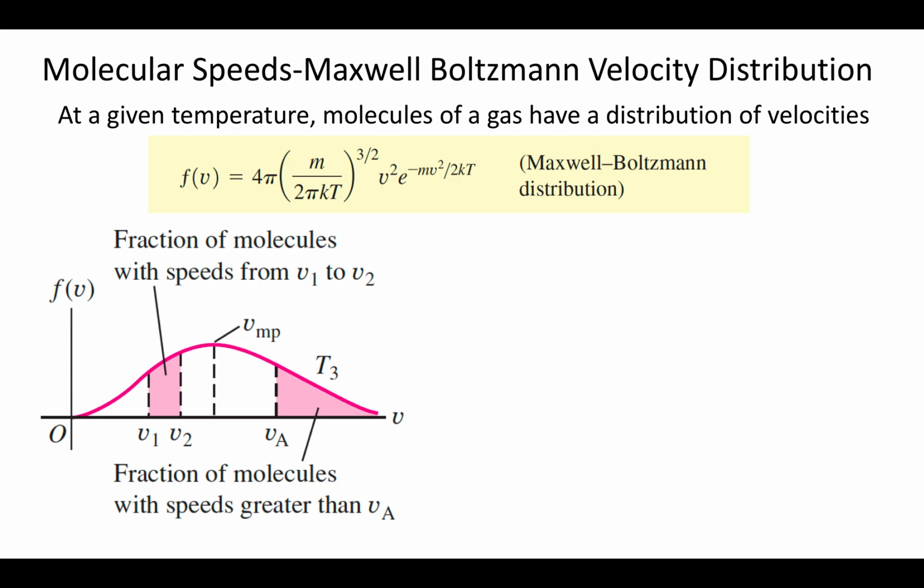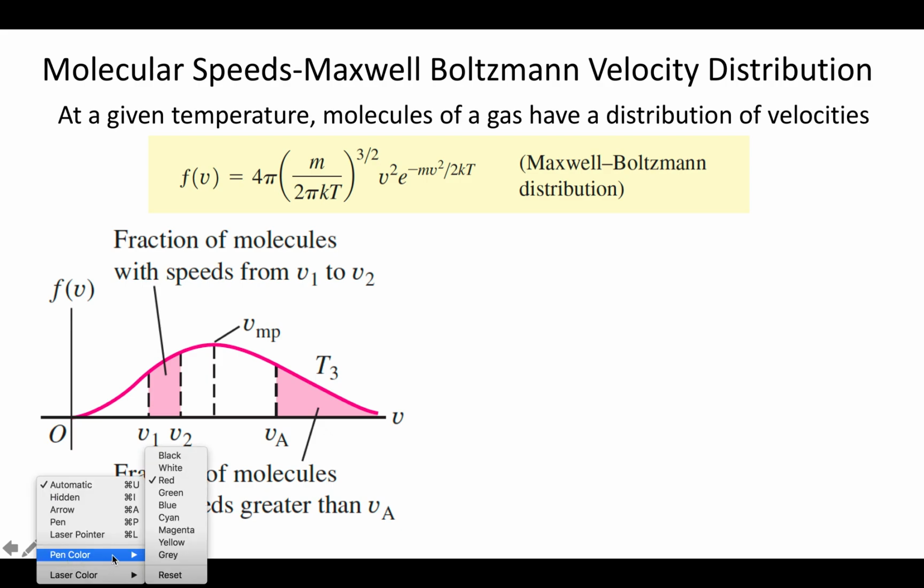A distribution function, again, tells you the probability of finding a molecule at a given velocity. So it's a function of velocity. And I mean, you might have had some experience with this type of continuous distribution function.